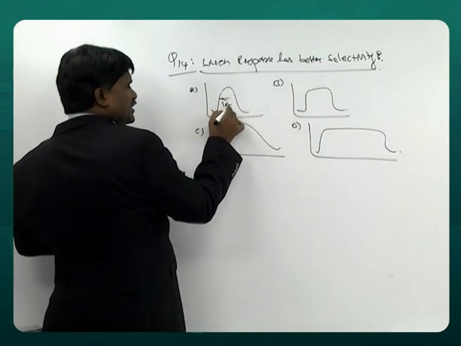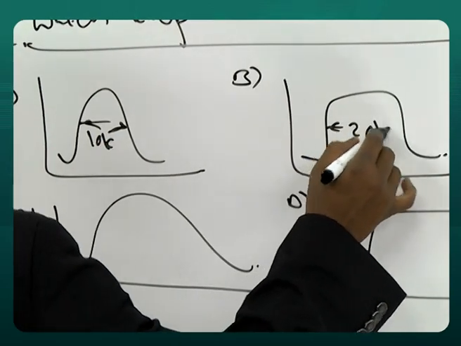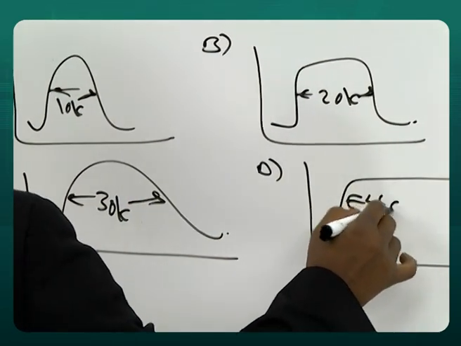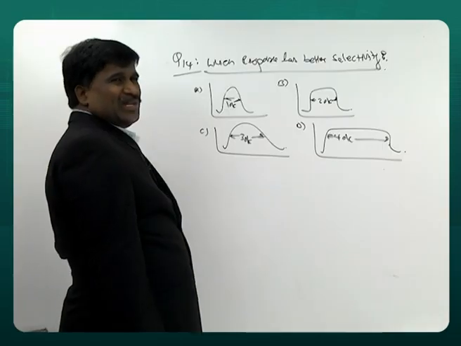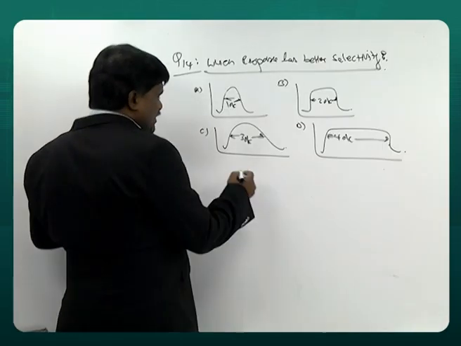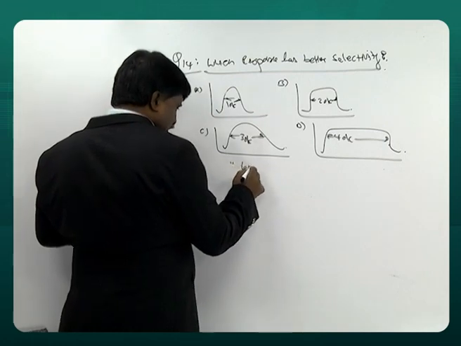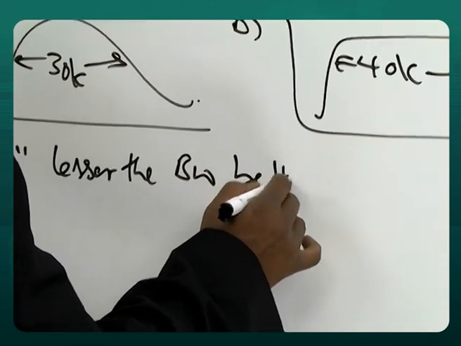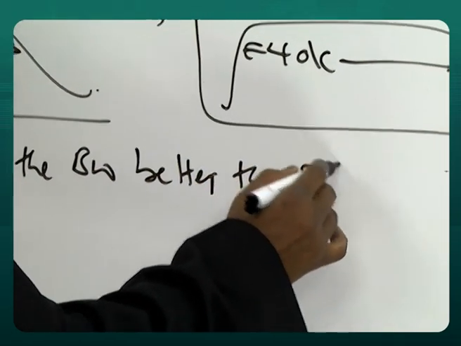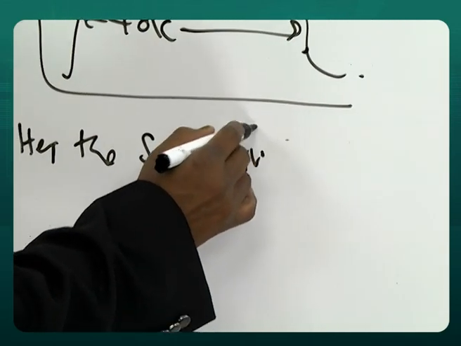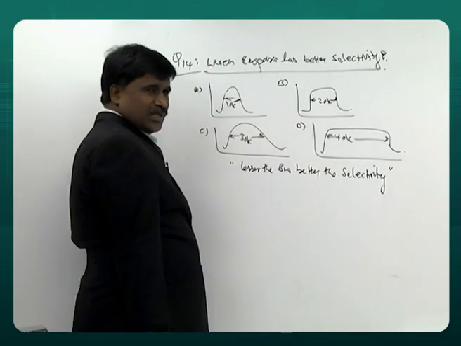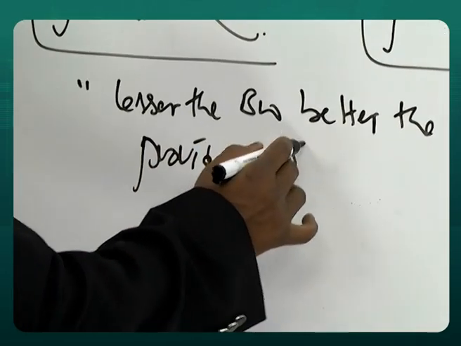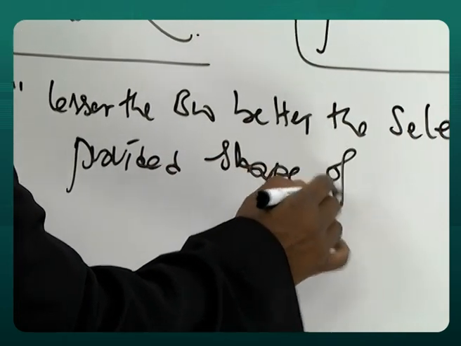For example, this is 10 kilo, 20 kilo, bandwidth is 30 kilo, bandwidth is 40 kilo. Which one is better? Everybody says one thing: lesser the bandwidth, better the selectivity. That's what people say. But I said, provided the shape of the response is same.